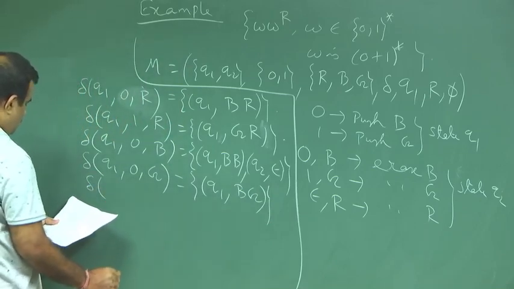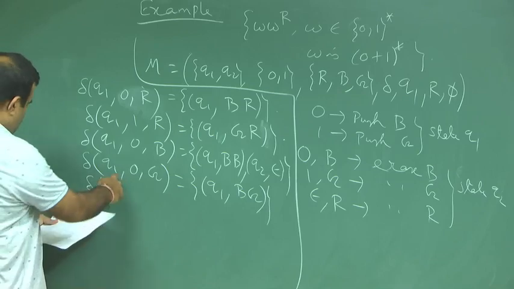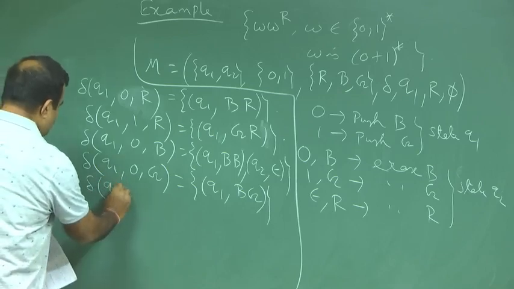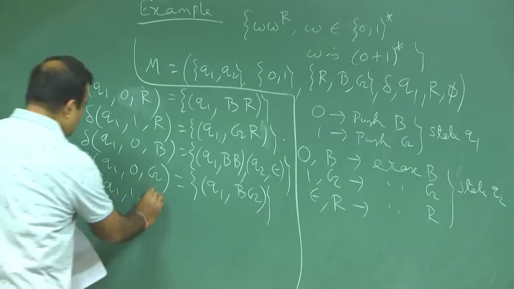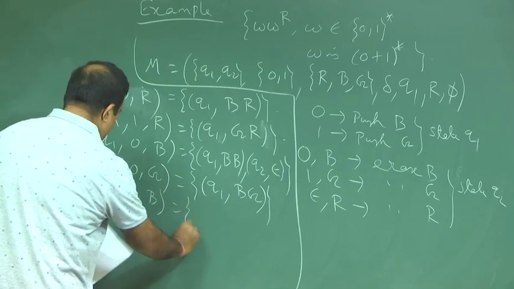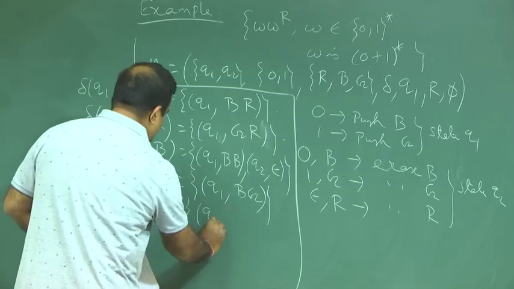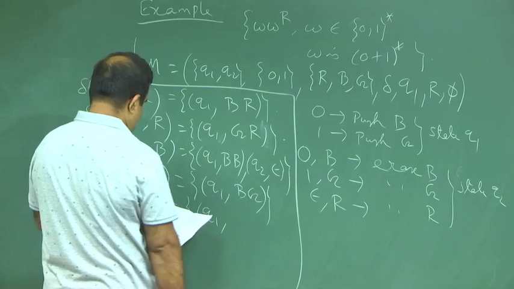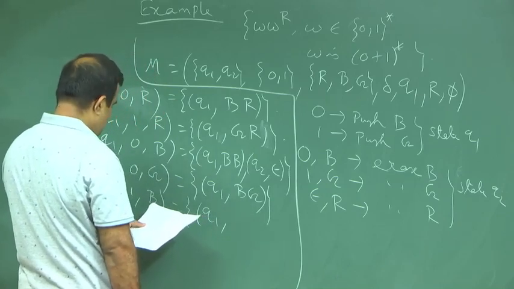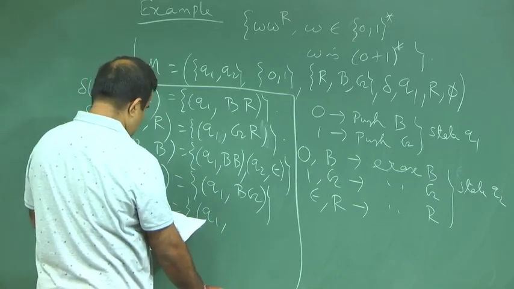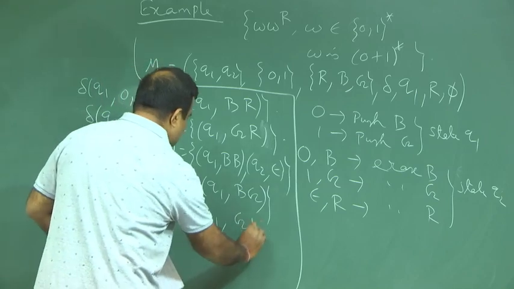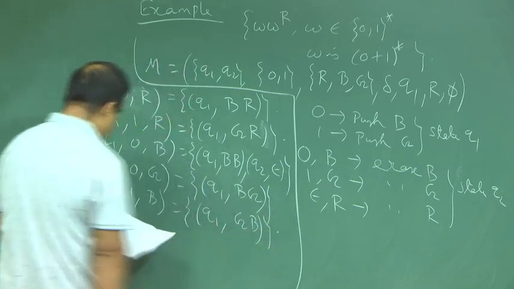Let me write this, then it will be more clear. Delta of Q1 0 B, the delta of Q1 1 B, this will be Q1 G B. Okay.